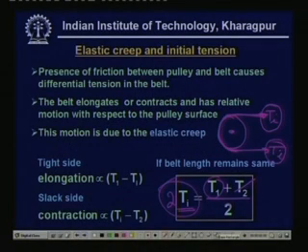At the same time, the initial tensions are responsible for the calculation of the bearing loads, since these tensions act onto the bearings. In general, some initial tension is set on the belt for better power transmission and also for gripping, and the initial tension can be computed from the equation shown here as T I equals T 1 plus T 2 by 2.